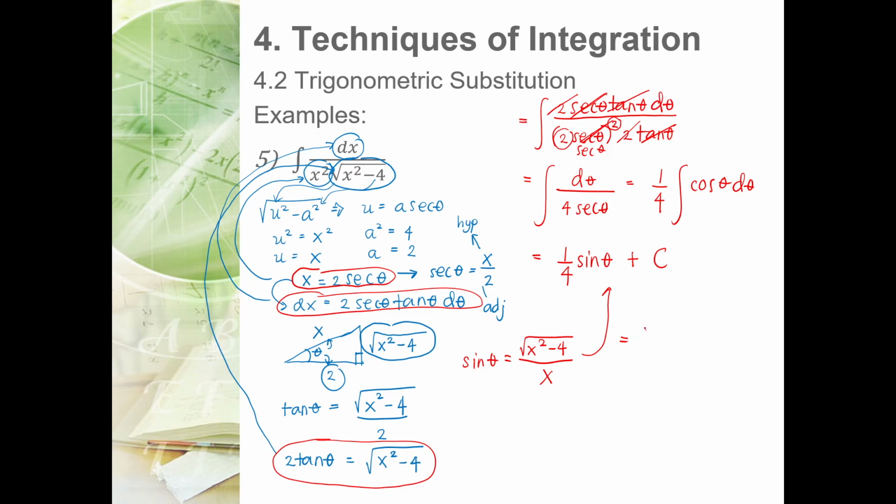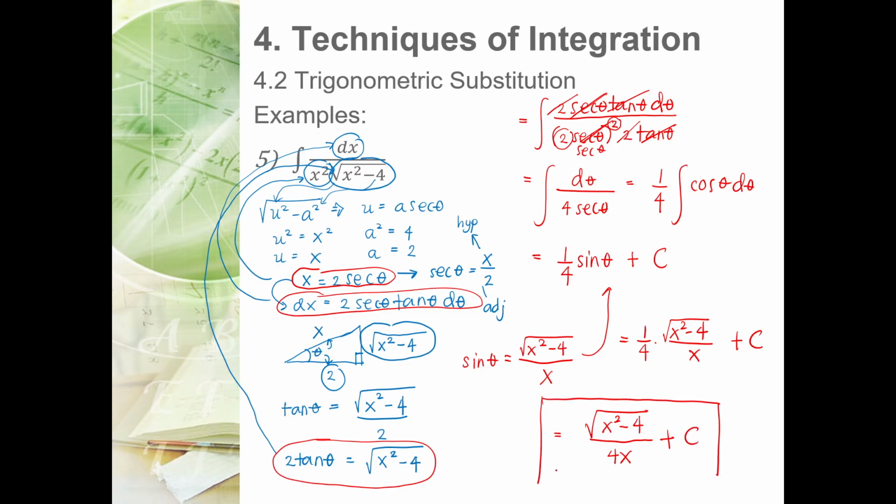So this one is 1/4 times square root of x squared minus 4 all over x plus c. So the final answer is square root of x squared minus 4 all over 4x plus c. So this is the final answer.